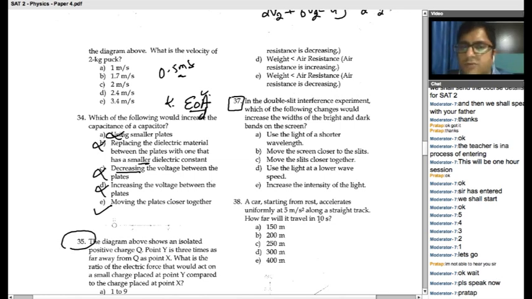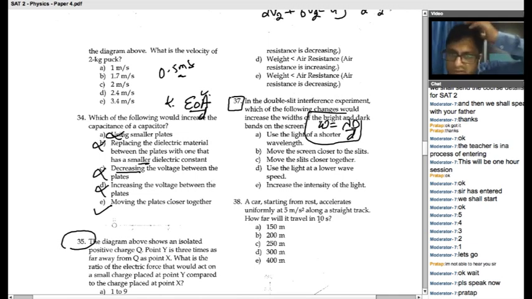Do you know the formula? Width is given by lambda D by d. So use a light of shorter wavelength? But you have to increase the wavelength. So lambda should be increased, but you are saying it is decreasing, so that will not help.